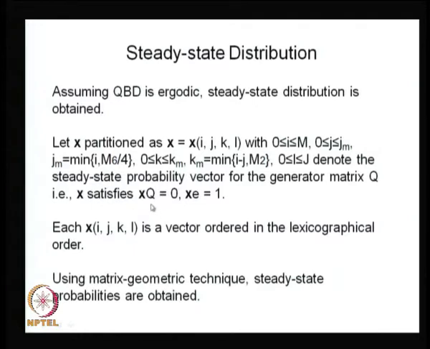Then you can solve x times Q matrix equal to 0 with x times the E vector equal to 1, and using that you can get the steady state probability vector. And since it is a QBD, you can use the matrix geometric technique, which is a well known technique for QBDs, and get the steady state probabilities.